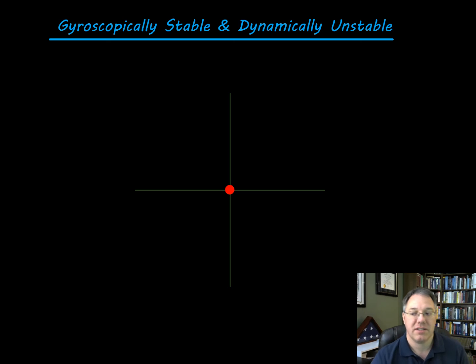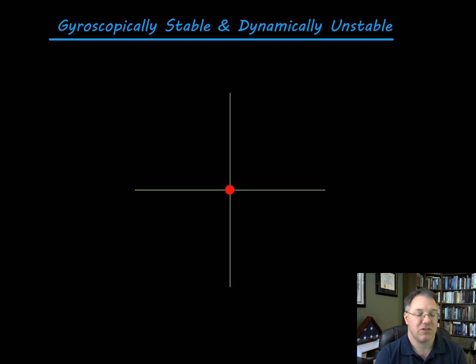All right, now I want you to maybe pause the video for a second and think to yourself, what if we're gyroscopically stable and dynamically unstable? What is that going to look like? See if you can predict or think about what that's going to be. So let's say that we launched with a gyroscopically stable, dynamically unstable projectile, and it comes out nose first.